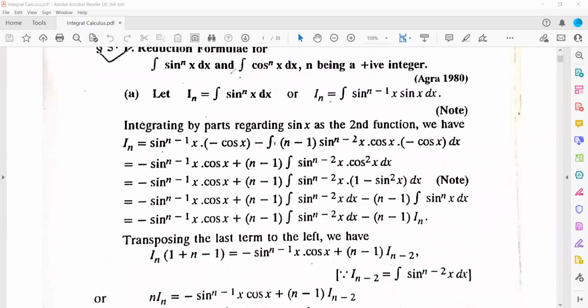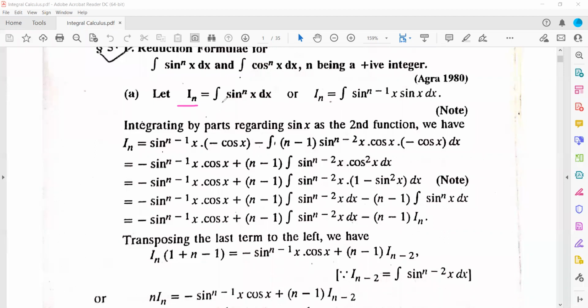Now, the integral is sin to the power n x dx. I am giving the name of this integration as I suffix n, because the sin power is n.